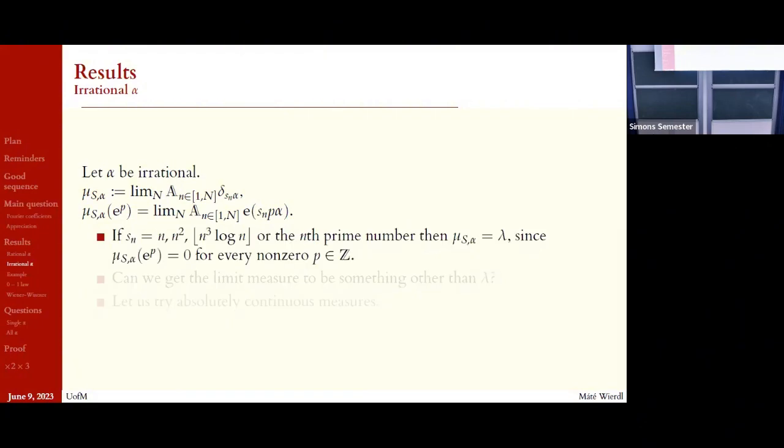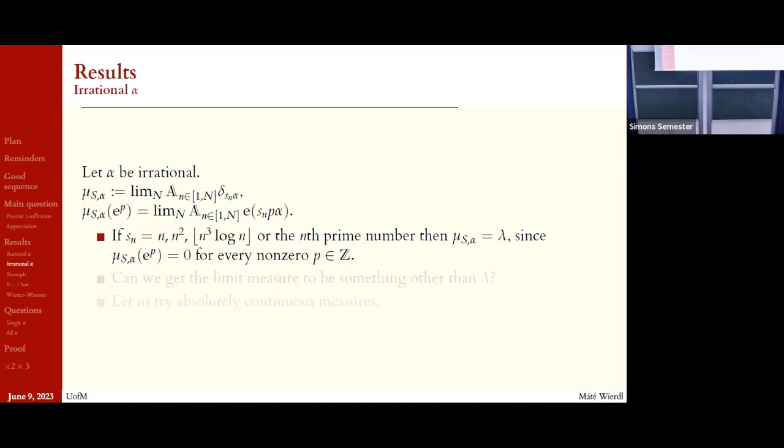And in case Sn is all the integers, or the squares, or the greatest integer part of n cubed times log n, or the nth prime number, then the limit measure at this irrational alpha is equal to the Lebesgue measure. It means that all the non-zero Fourier coefficients will be equal to 0.